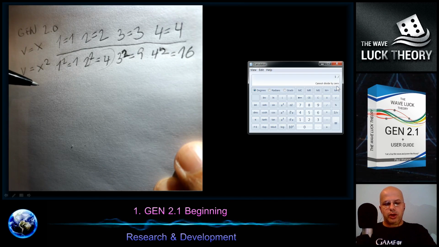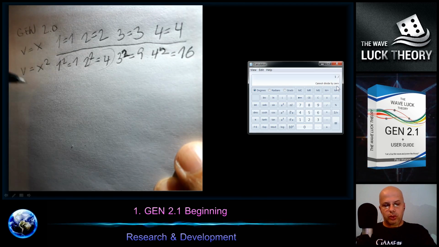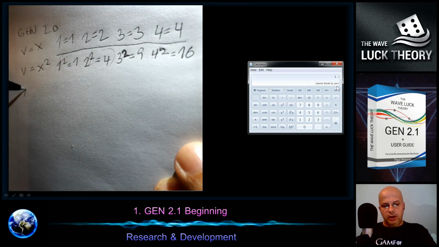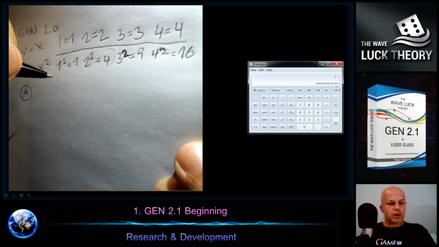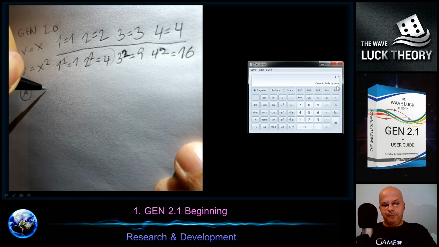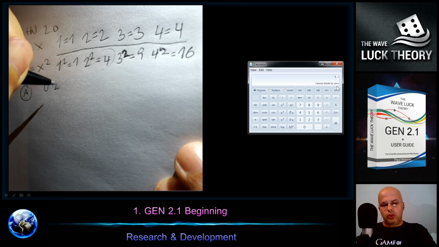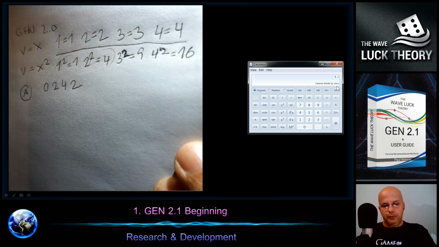Let's imagine we have two sequences. Sequence A is 0, 2, 4, 2.